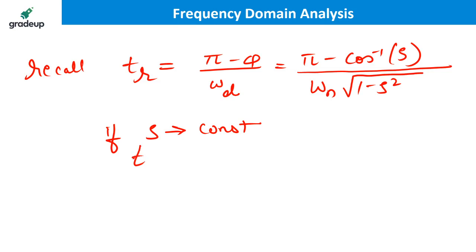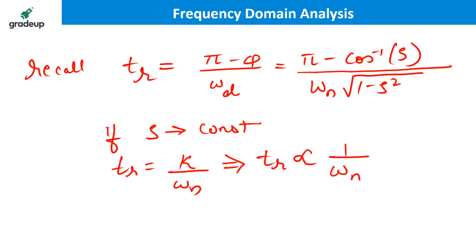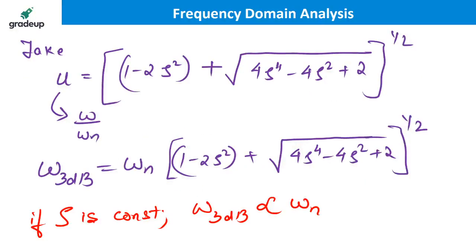So overall the rise time is equal to some constant divided by omega n. Or I can say the rise time is inversely proportional to omega n, whereas the bandwidth is directly proportional to omega n.